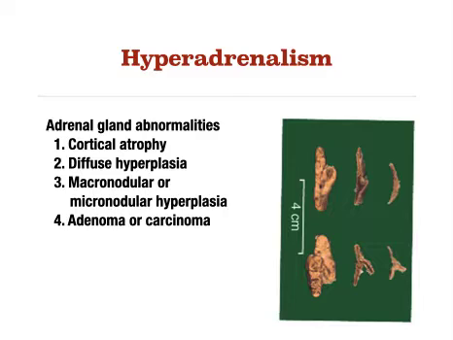No? So you have a thickened cortex there, diffusely thickened, and may also become nodular. Okay? That cut section at the center of your adrenal gland is the normal appearing adrenal gland. Okay? So you can also have adenoma or carcinoma, which can present with hyperadrenalism.